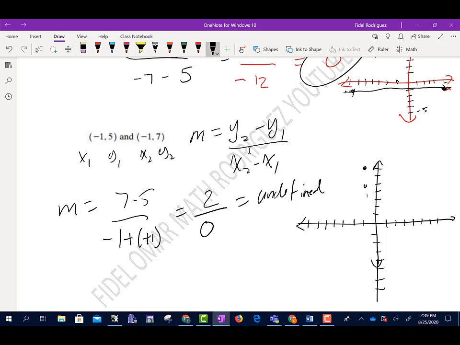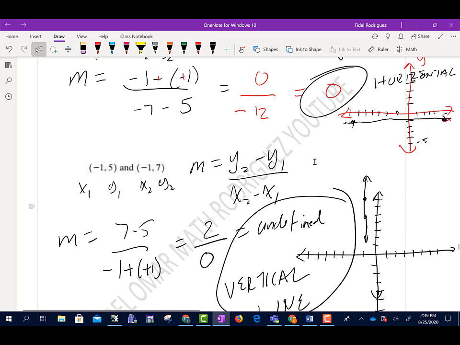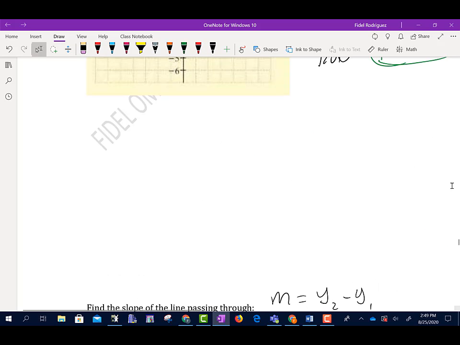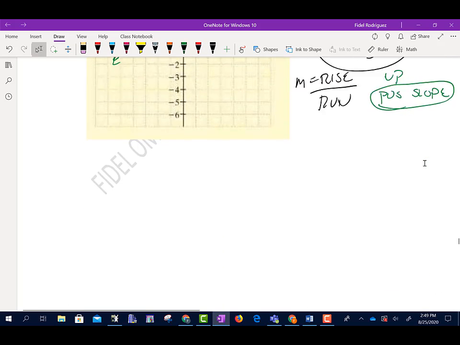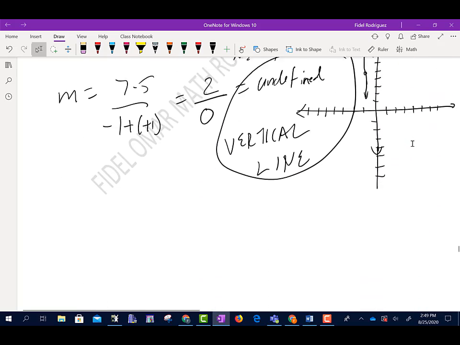Negative 1 and 7 would be right there. Look at this line. It is a vertical line. Okay. So vertical lines have an undefined slope, and horizontal lines have a slope of 0, right?